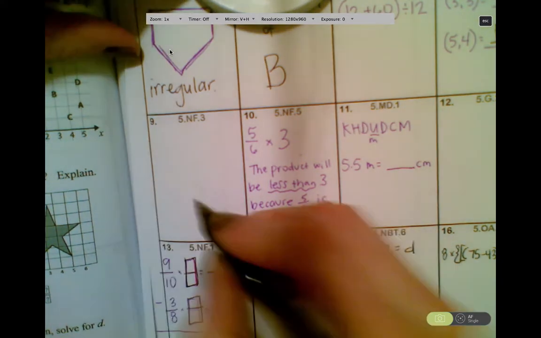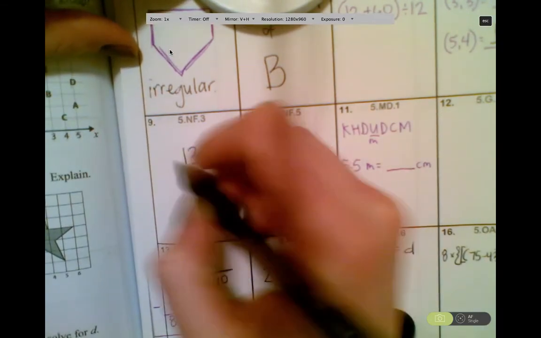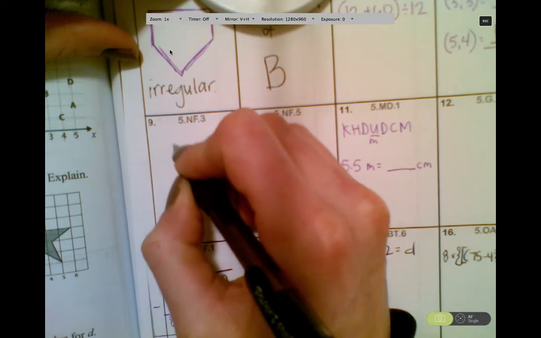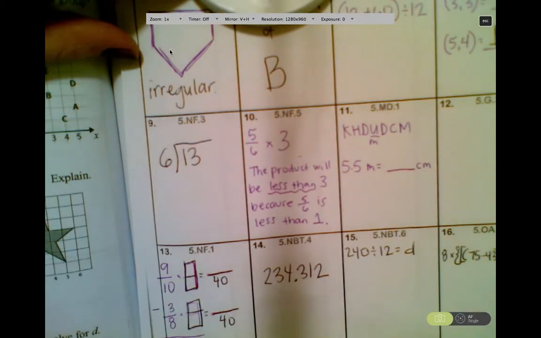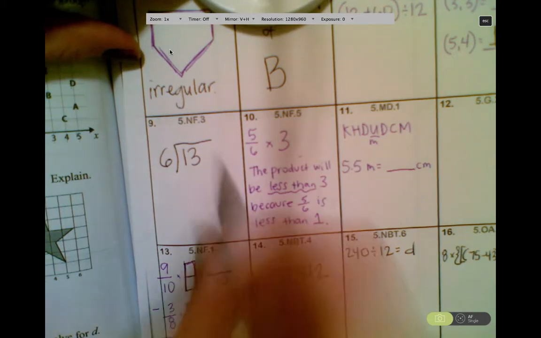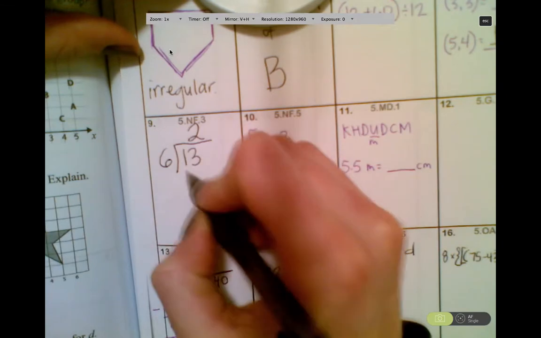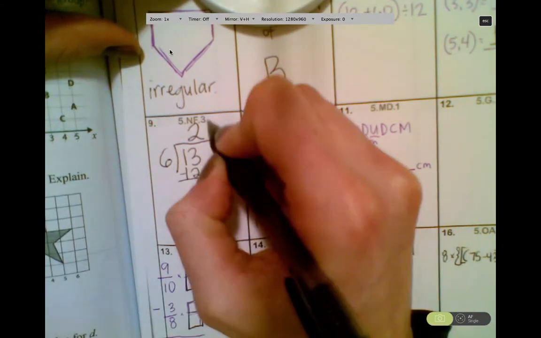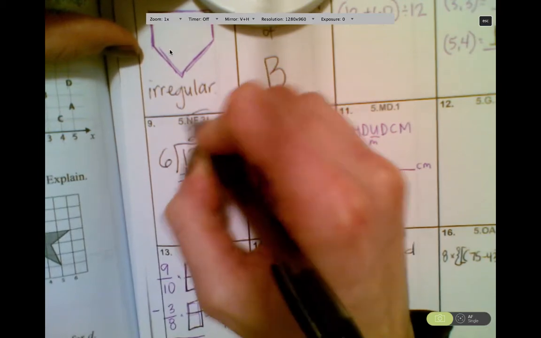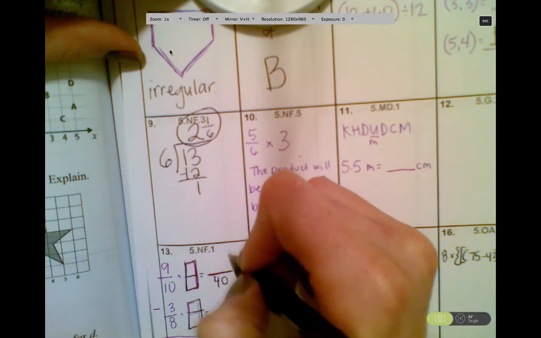Well, I know that Baker Beth has 13 tubs of frosting, and she's separating or dividing them equally among 6 cakes. So I'm going to do this problem. 6 goes into 13 2 times. 2 times 6 is 12. Subtract and I get 1 left over. So my answer here is 2 1/6 tubs of frosting.